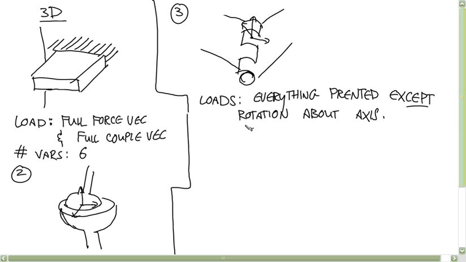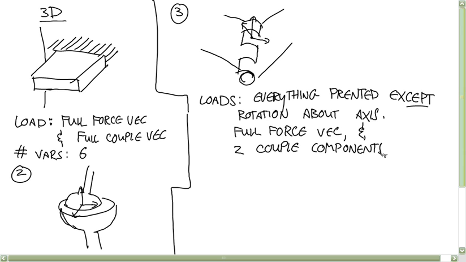So that means that, how I've been saying it, it's a full force vector and two couple components. The one component that's not there is along the axis of the hinge. Okay.